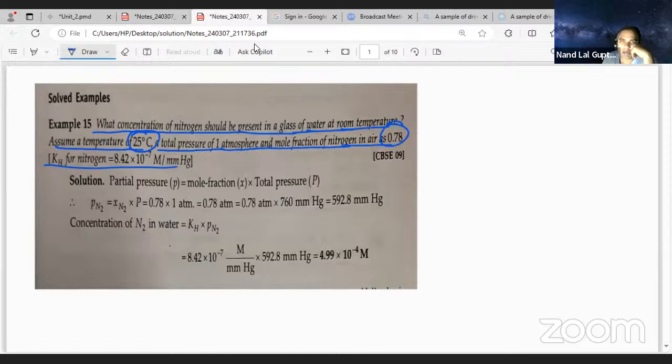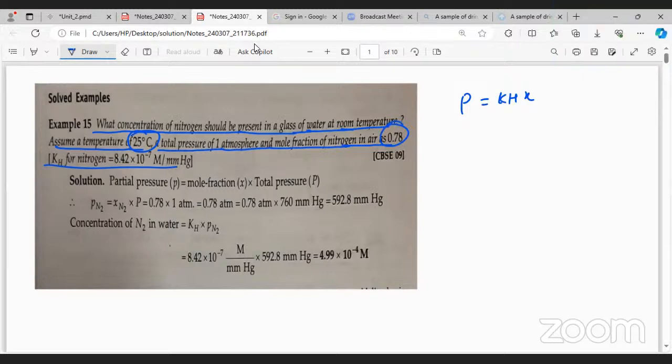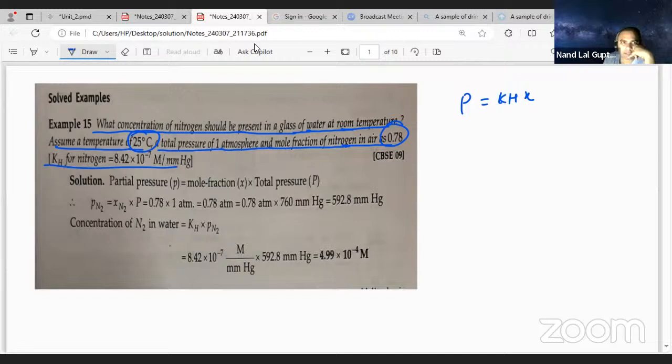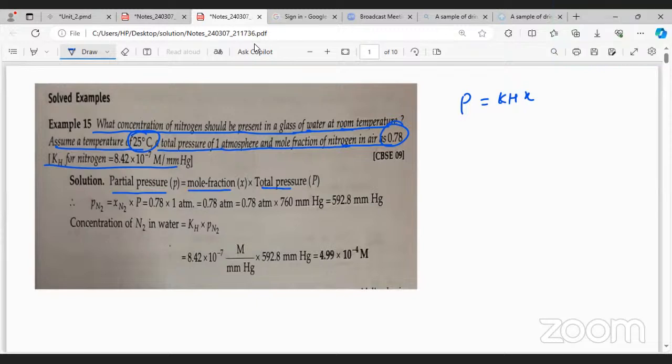So P is equal to KH X. Yes, sir. Now substitute here: the mole fraction is given as 0.78, and KH is given as 8.42.